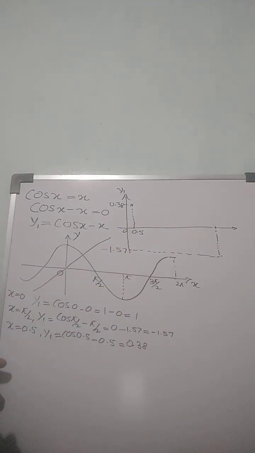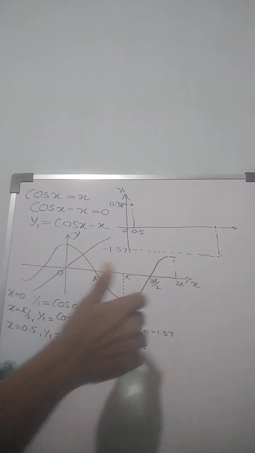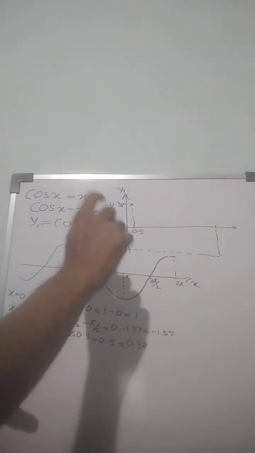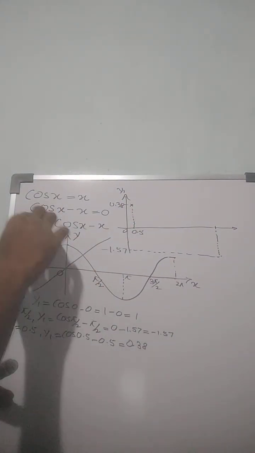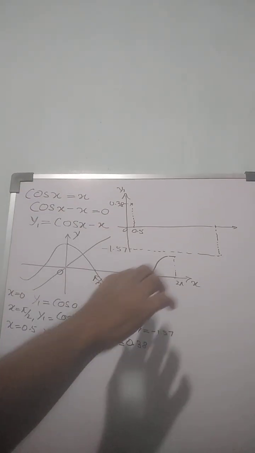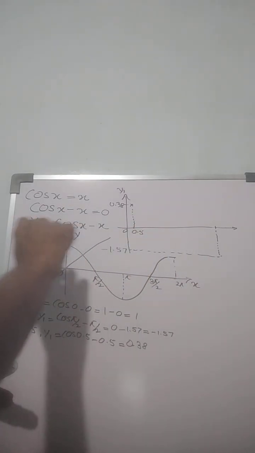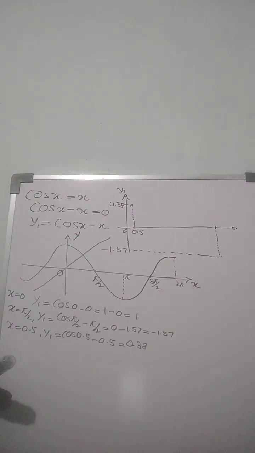Therefore we can understand the solution lies between these two values, because when x equals 0.5 the value of y1 is 0.38, and when x equals pi divided by 2 the value of y1 is minus 1.57.